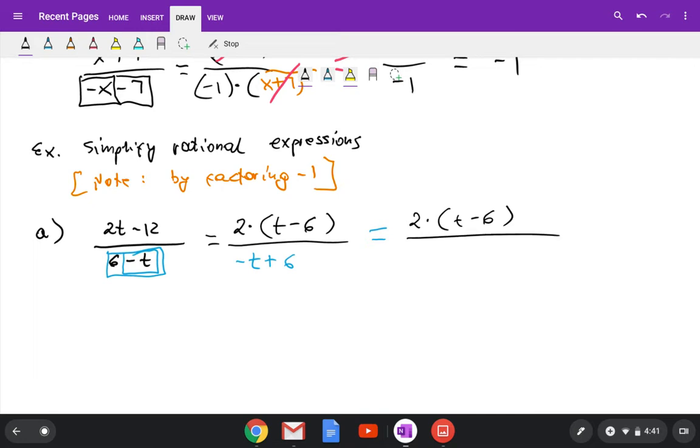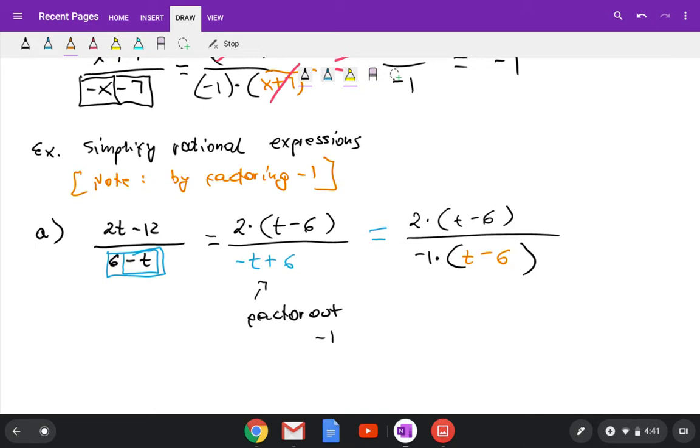And from the denominator, factor out -1. So when I factor -1, each original expression becomes the opposite. So I had -t, now I will have t. I had +6, so now I will have -6.